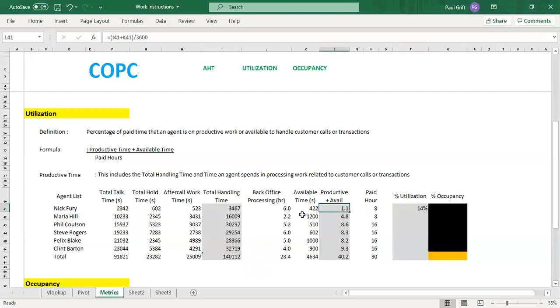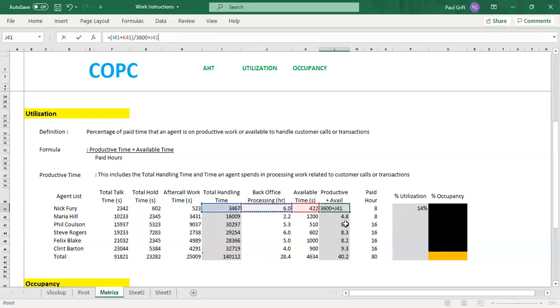Okay, I did not include the back office processing, that's why. So I forgot. Let us add the back office processing.